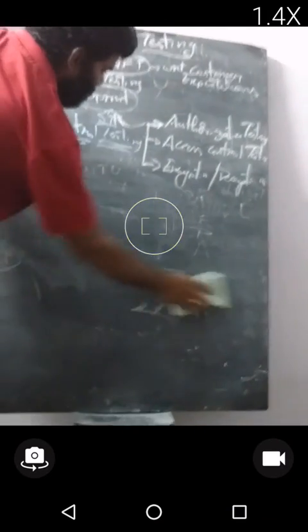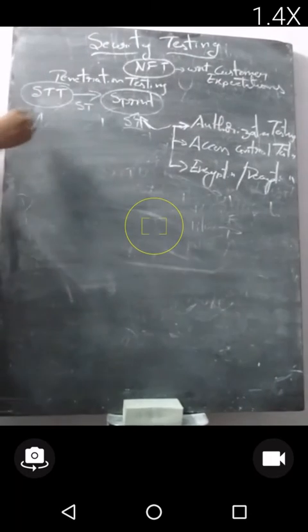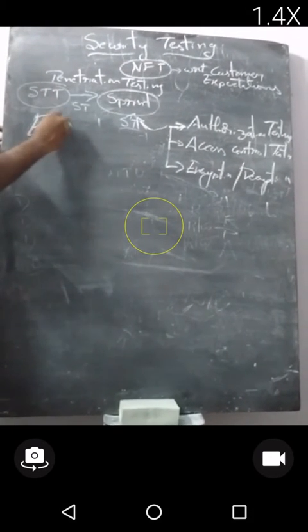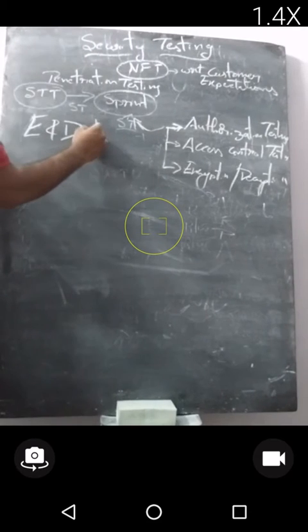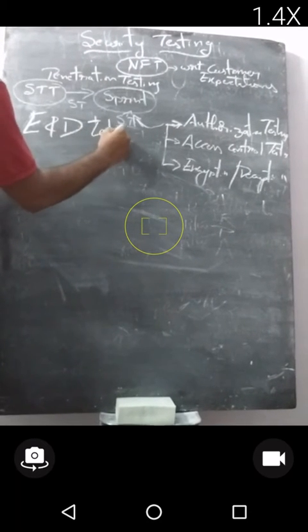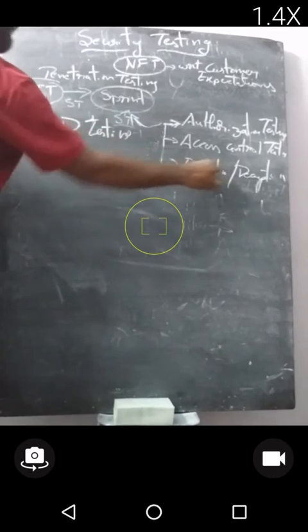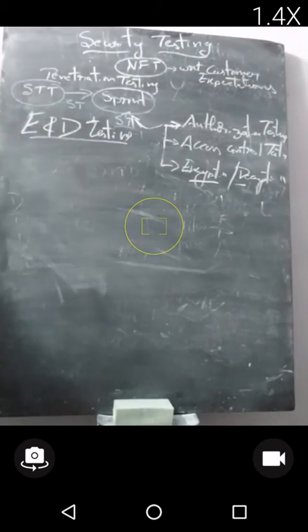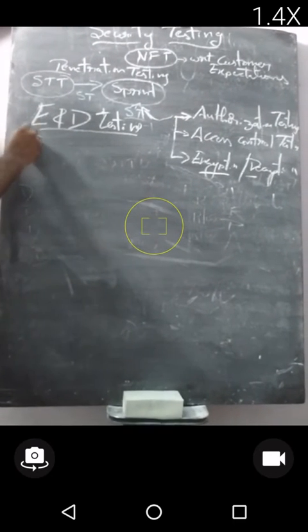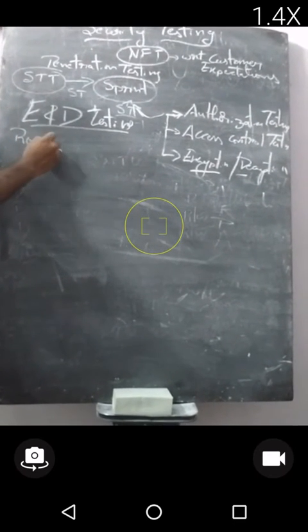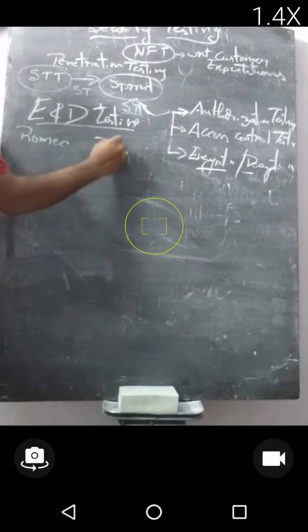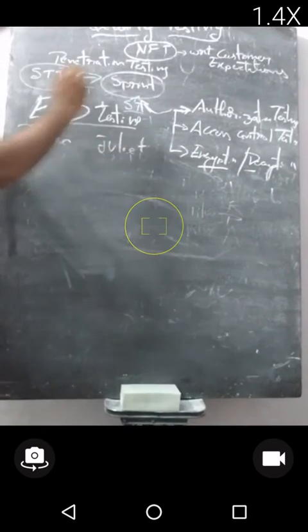The last test in the security testing is encryption and decryption testing. E stands for encryption and D stands for decryption. Let me take a real time example. As all of you know, Romeo and Juliet.